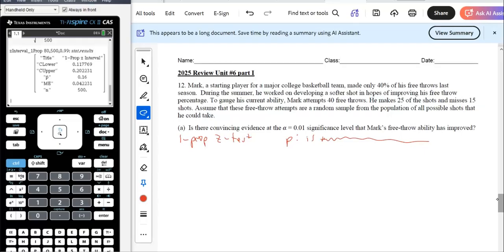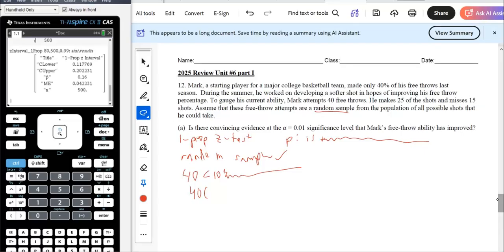Okay, so we check the sample: random sample. It said to consider it a random sample, so we're saying check it. Remember that, random sample. Okay, less than 10%. 40 times, this one could be tight.